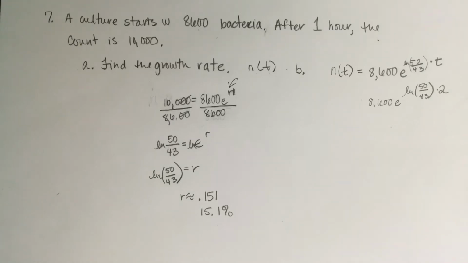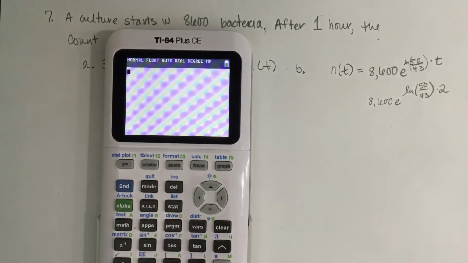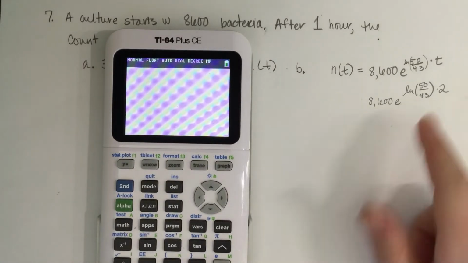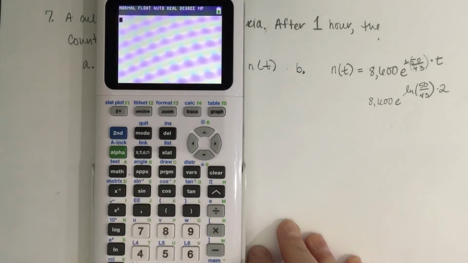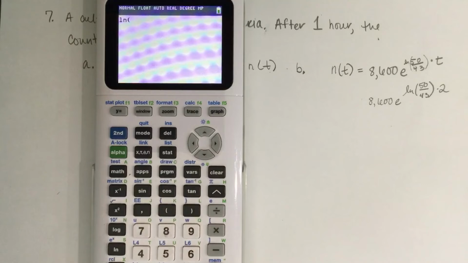Now, there are a few things that you guys are going to possibly find helpful as we move forward. If I do not want to continue to do calculations in my calculator with the natural log of 50 over 43, your calculator will store that number for you. So the first thing you need to do is the natural log of 50 divided by 43, and you can just hit enter.